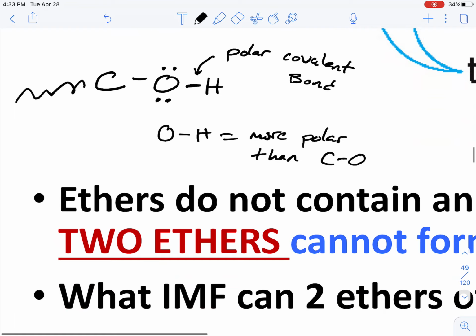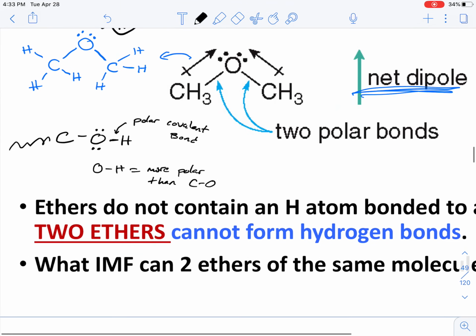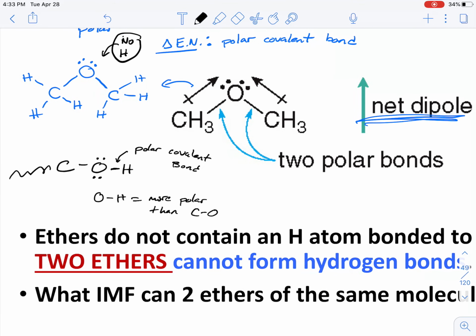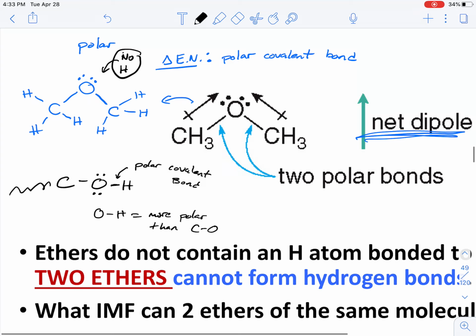And so they can accept a hydrogen bond, but it cannot induce a hydrogen bond. And so if the molecule that the ether is interacting with can create or induce that hydrogen bond, then yeah, it can accept the hydrogen bond because oxygen is polar, but itself cannot induce or create hydrogen bonds simply because there's no hydrogens on the oxygen of the ether.